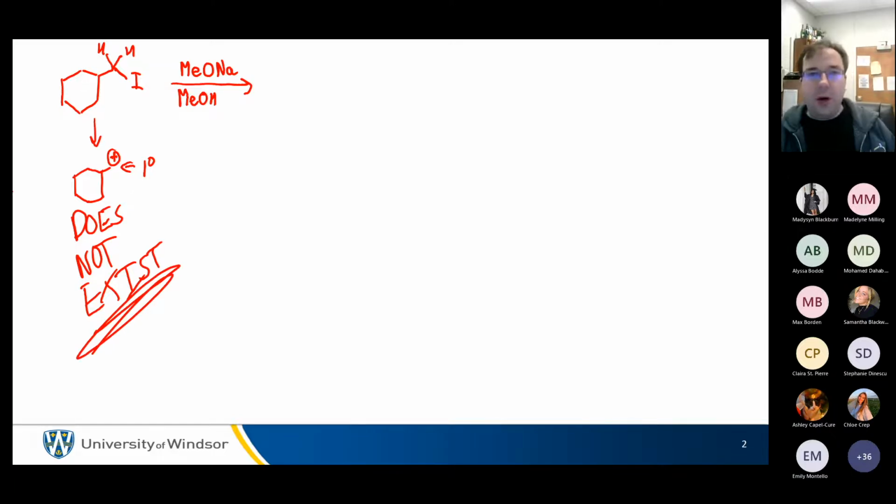Can't get primary carbocations. They're not a thing. So it has to be SN2 because we can't make the carbocation.